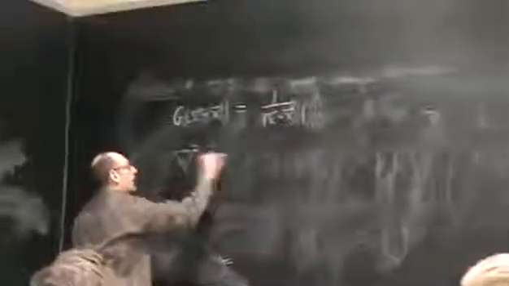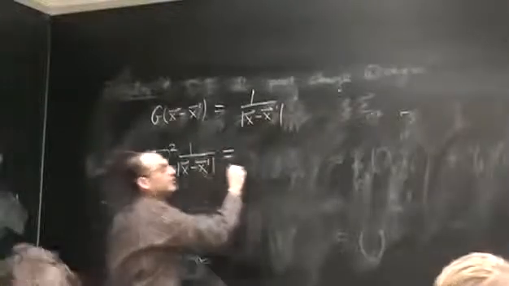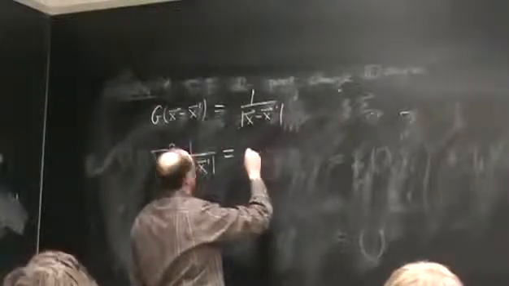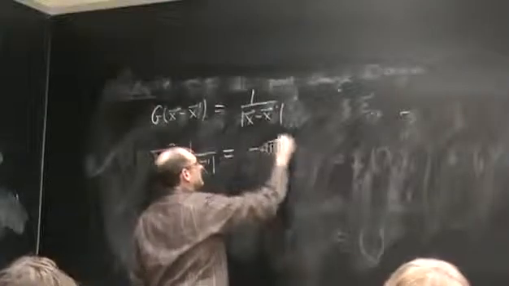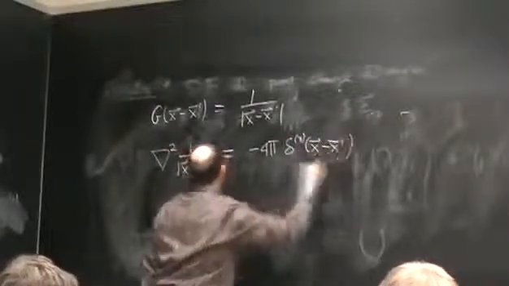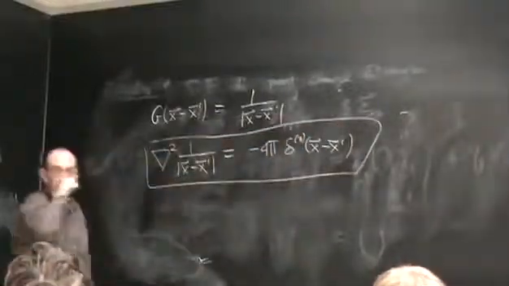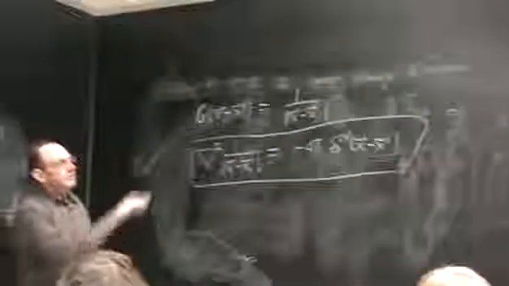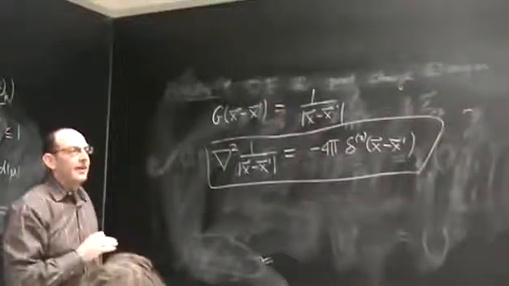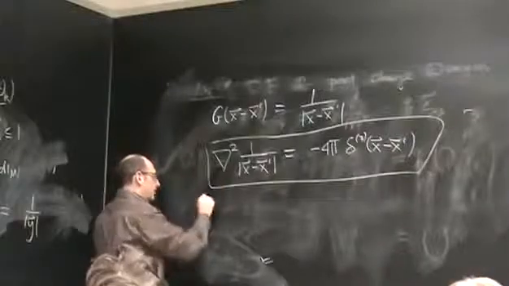But what we see here is that the Laplacian of this is equal to minus 4 pi times the delta function. In fact, this resolves the paradox that we just discussed.